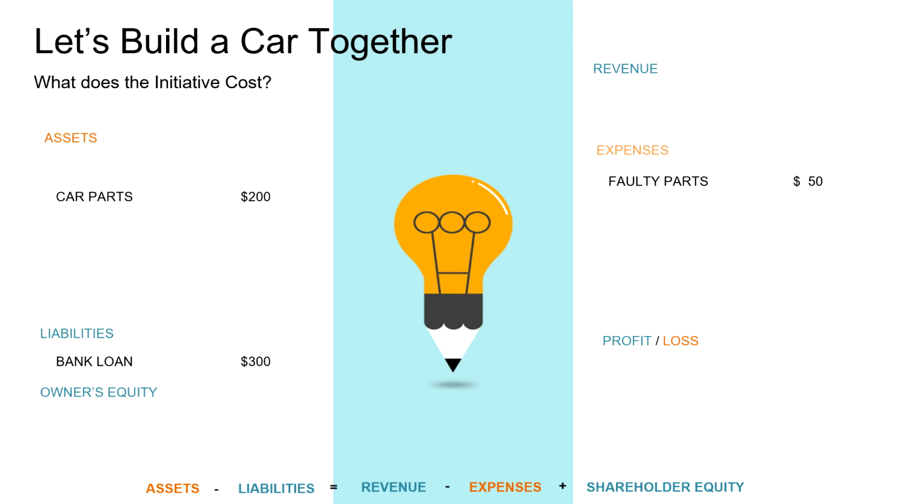So $200 worth of car parts are considered part of the asset you own and are building, and hence are considered a CapEx. And the $50 of faulty car parts are considered an expense, or OpEx. Now you also end up needing to pay the mechanic to build your car, and that is another $100.